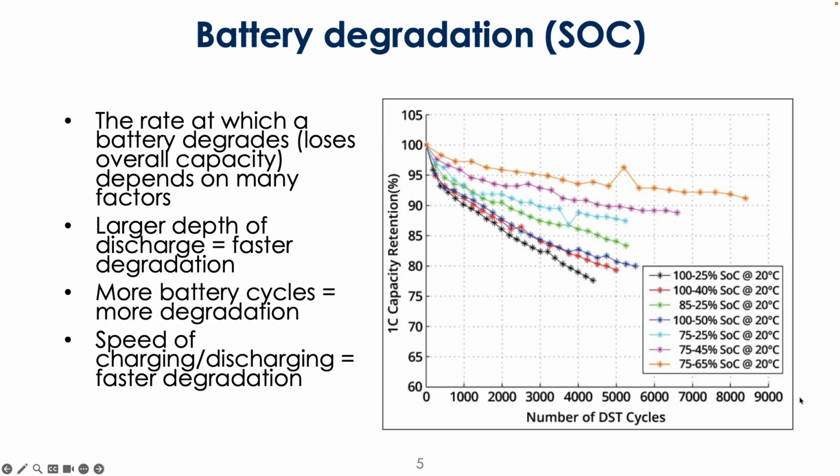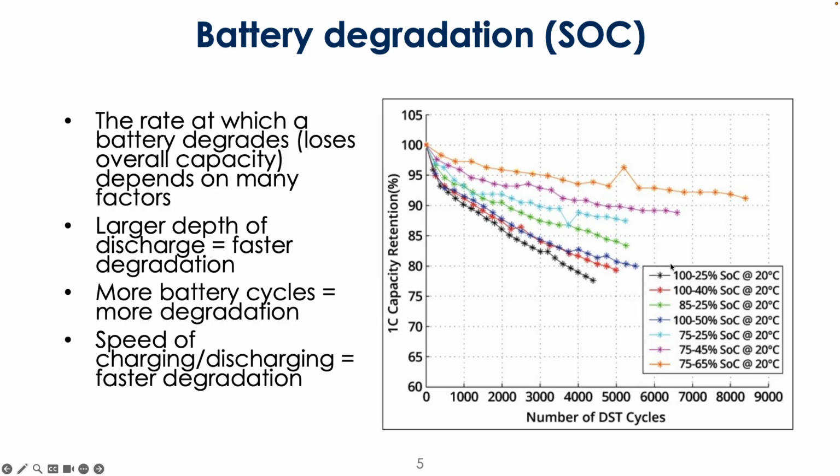On the x-axis is the number of cycles, so I'm using the battery and then charging it back up a bunch of times. If we look at around 4,000 cycles, in the black line you've degraded about 20% of your full capacity, whereas the blue line has only degraded about 15%, so it still has 85% of its capacity left.